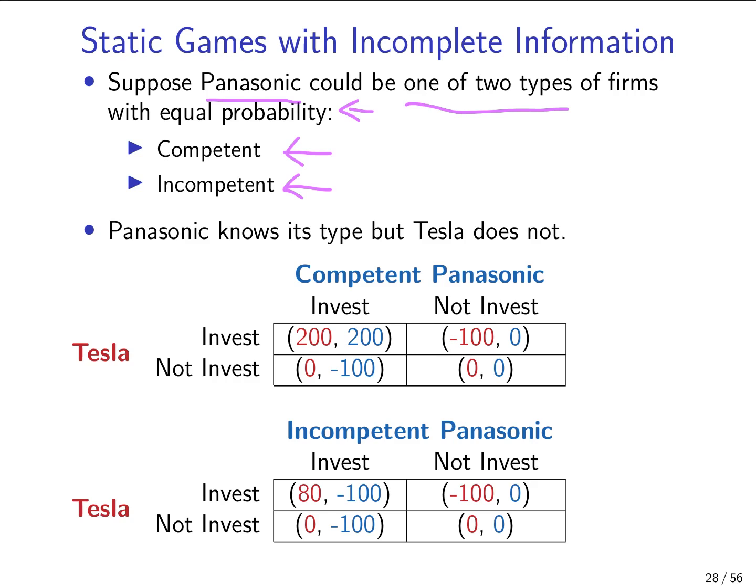Okay, so if Panasonic is competent, things would be similar to before. This is the payoff matrix. However, if Panasonic is not competent, the payoff matrix would become this one, right? In which case these three cells would be similar, but in this case, even if Panasonic invests, it might not be successful.